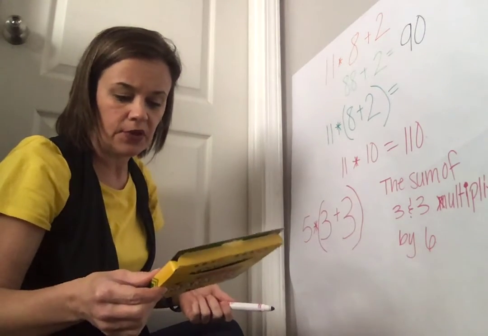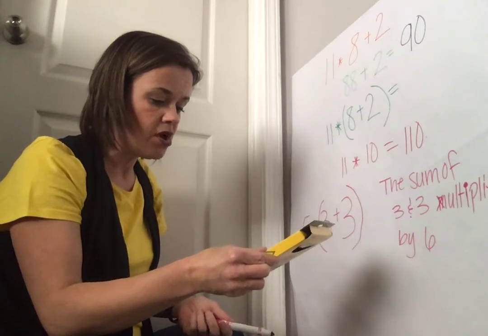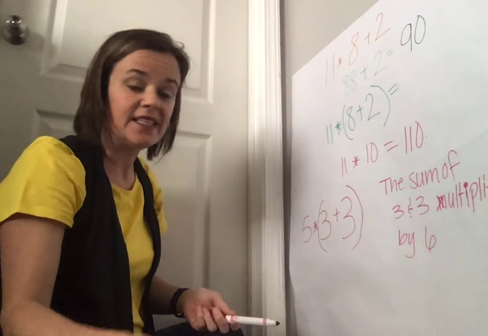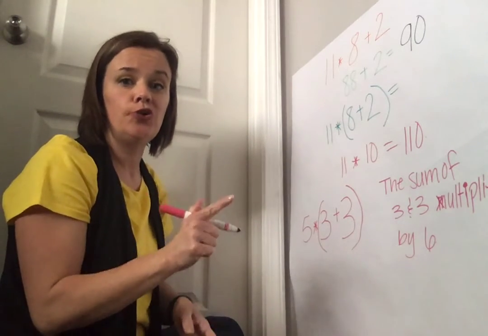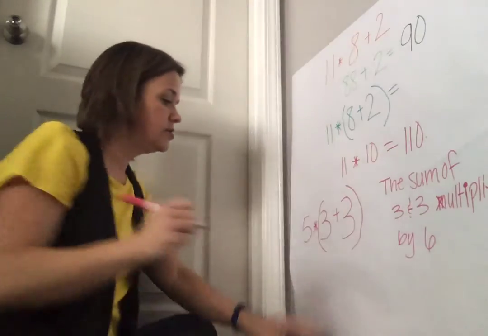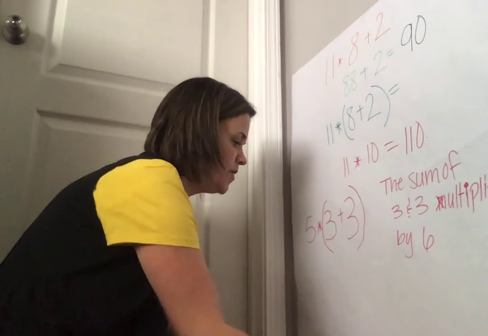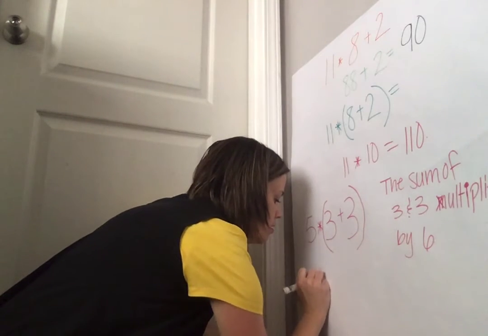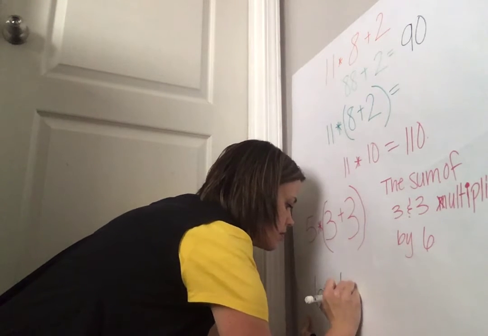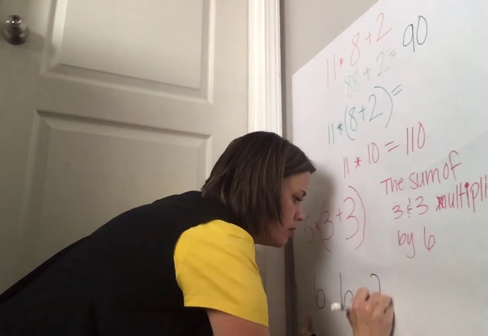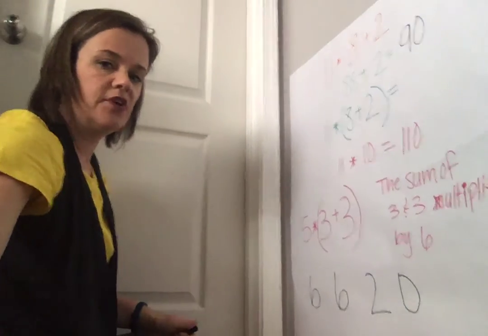So I'm going to take a few numbers off of this box right here. Let's see. So I have 6, 6, 2, and 0. 6, 6, 2 plus 0. Okay? So here we go. Let's get creative, shall we? I'm going to use black. Okay, so there's my numbers, okay?